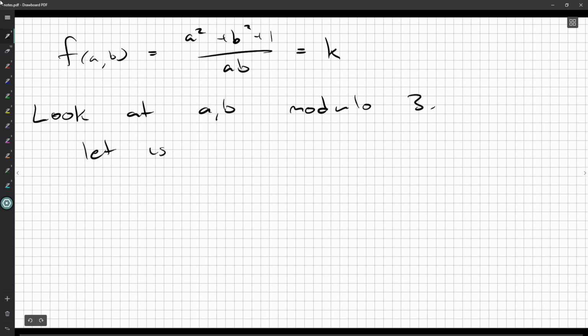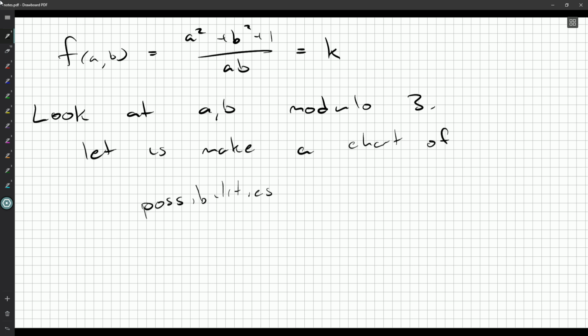So let us make a chart of possibilities. At least we'll be able to see when a squared plus b squared plus 1 is a multiple of 3 and ab isn't. And then in the other cases, maybe we'll have to work modulo 9 or something.